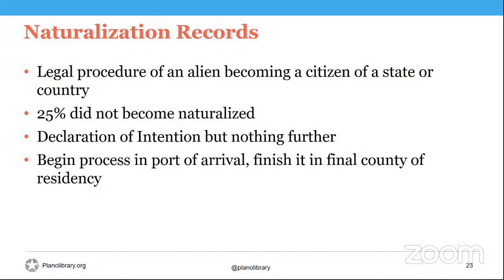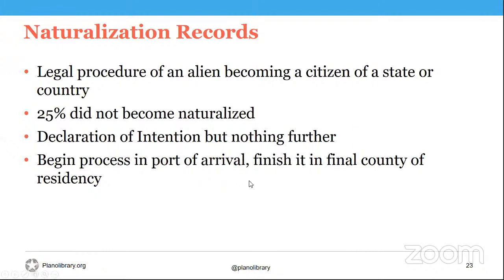Or they'll think, well, it was cold, so it must have been March or February or in November or December, but they might be off again in their estimation of when they arrived. So these are some of the things to remember about naturalization records.